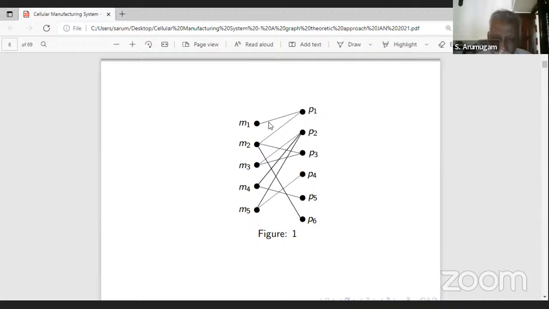So sometimes the number of cells may also be specified. In other words, given a bipartite graph and also a positive integer k, I want to find the minimum number of edges to be removed, so that after removal, we get exactly k non-trivial components. I fixed the number of components also.